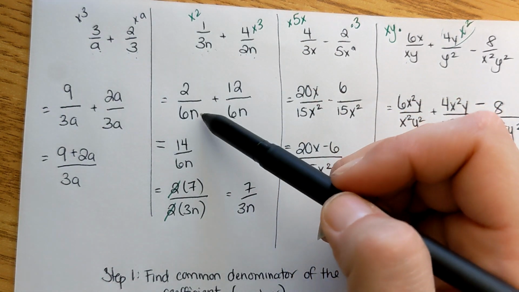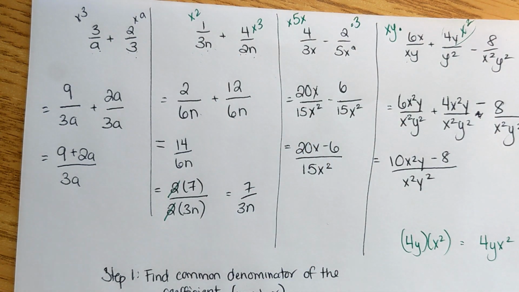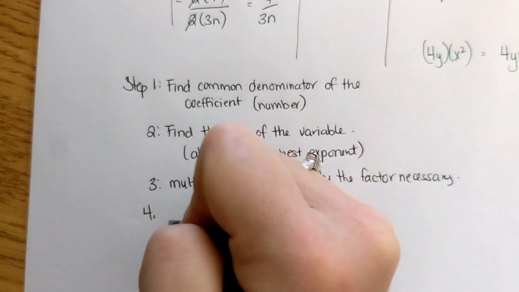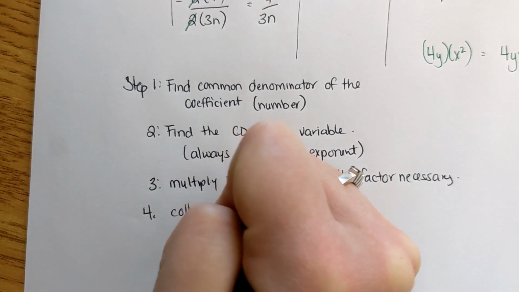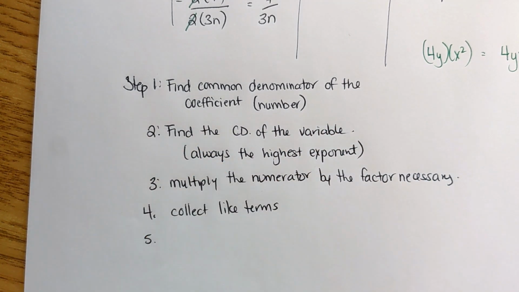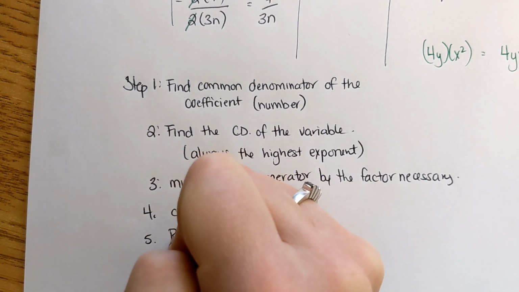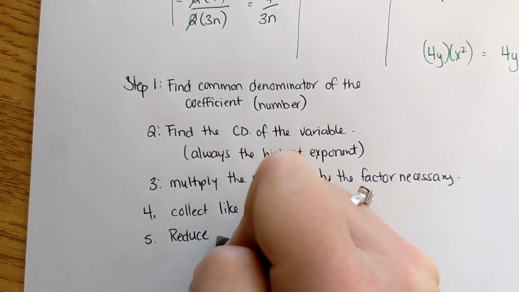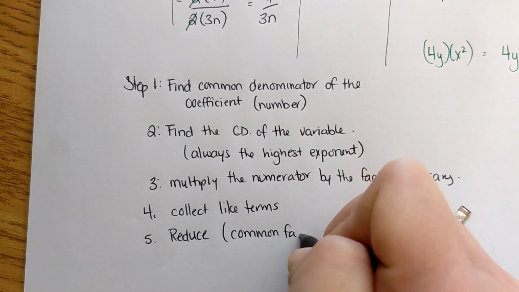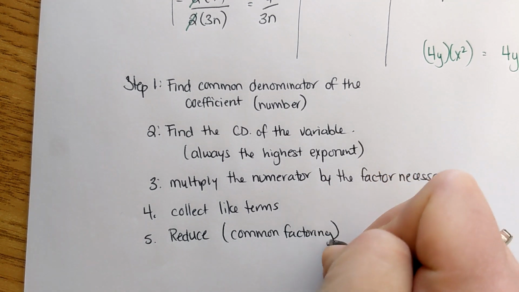So whatever you did to the bottom to make that common multiple, you have to do the same thing to the top. After you've done that, you collect like terms. And last step would be to reduce your fraction, which looks like common factoring now, if possible.